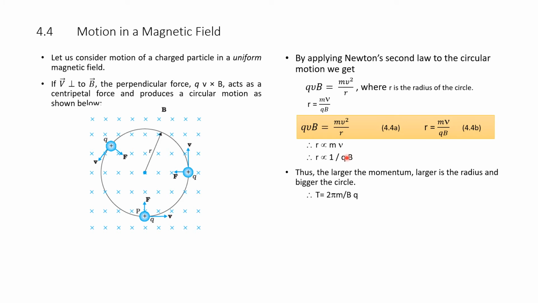The period of motion is given by the equation T is equal to 2 pi m divided by Bq. The equation for the frequency of motion is given by f is equal to 1 over T, the inverse of this, that is Bq by 2 pi m.